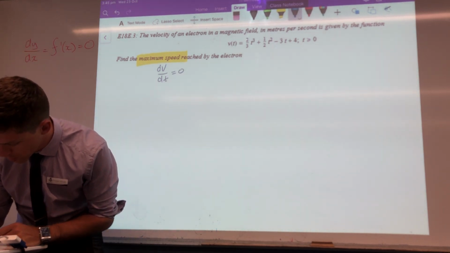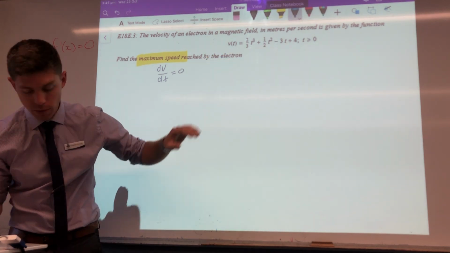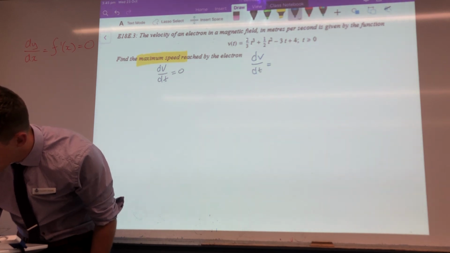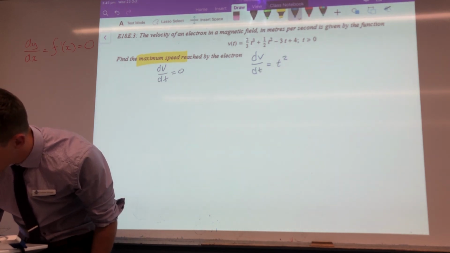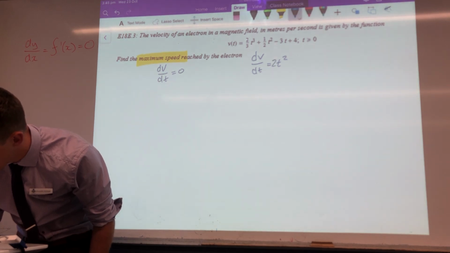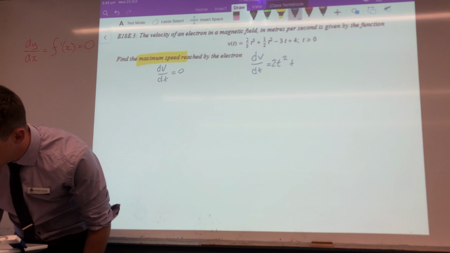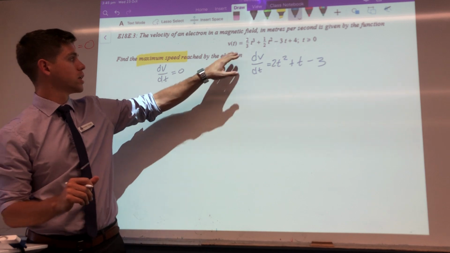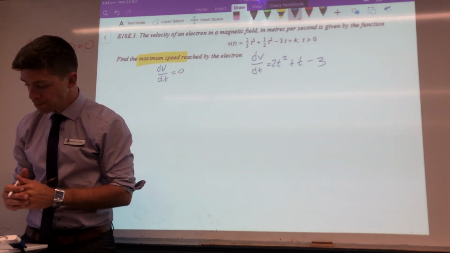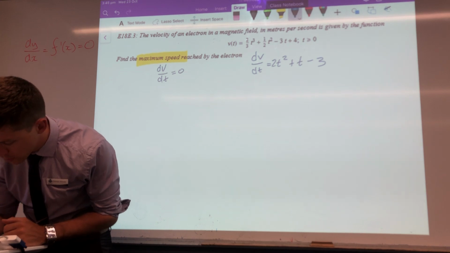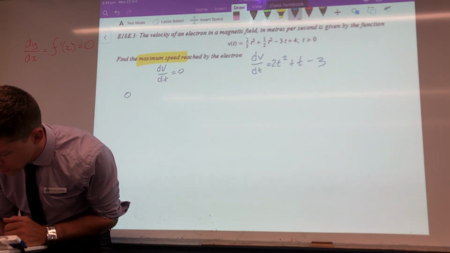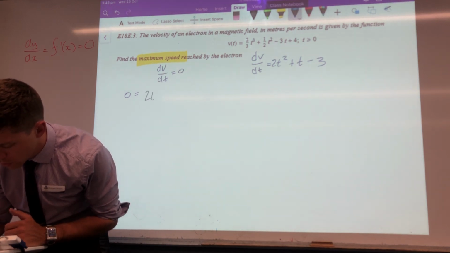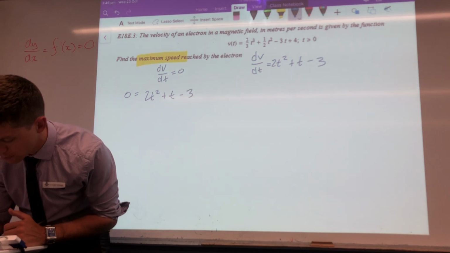So we've got our function up there, v of t. We have the corresponding dv dt, which is equal to 2t squared plus t minus 3, taking the derivative of this function here. So now let's evaluate that at dv dt equals 0. 0 equals 2t squared plus t minus 3.